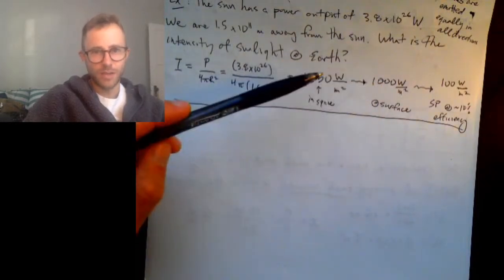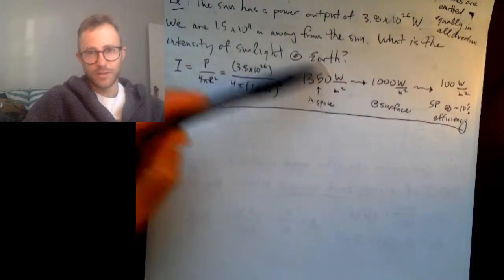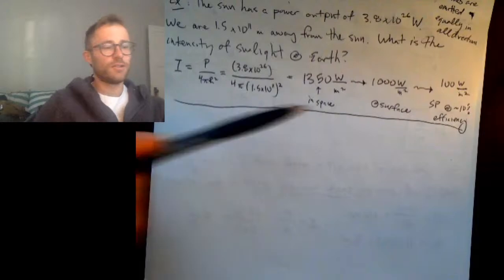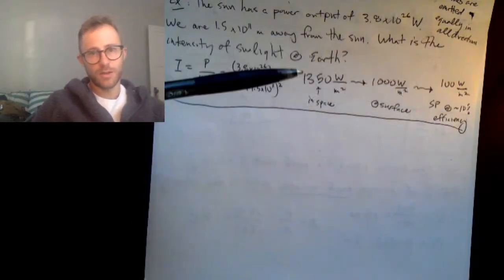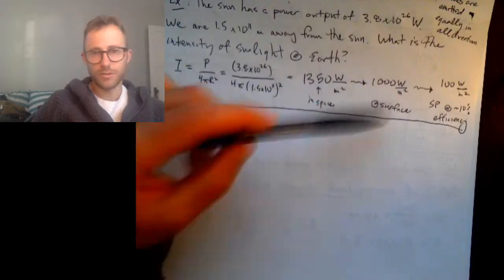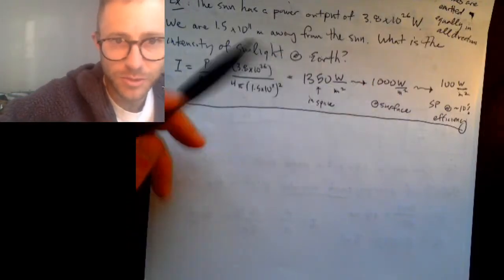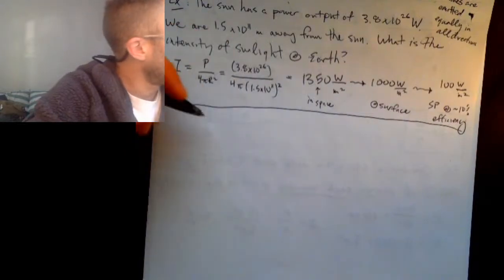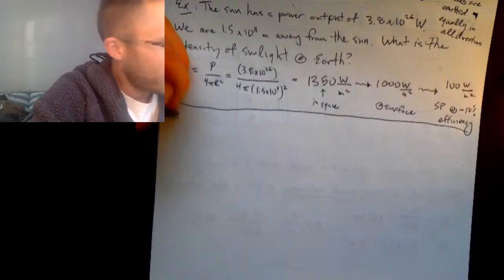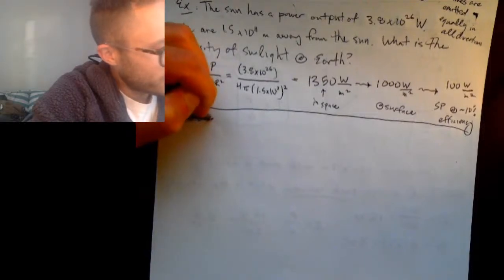I'm just saying that this is what it is if you are in outer space above the atmosphere, and this is what it is below. But there's no way that we could calculate that it would be this, without knowing the exact composition of the atmosphere.